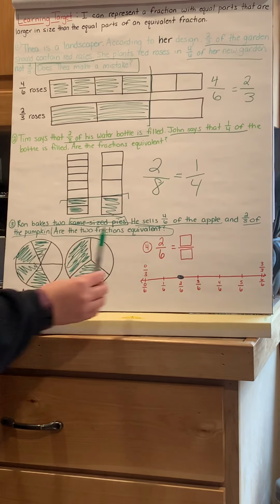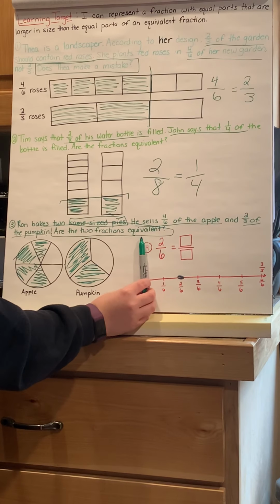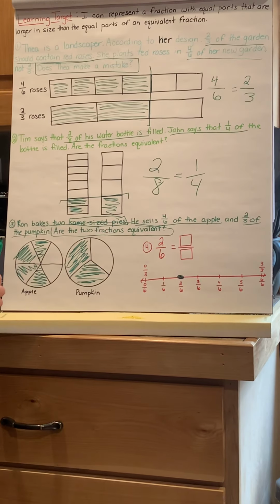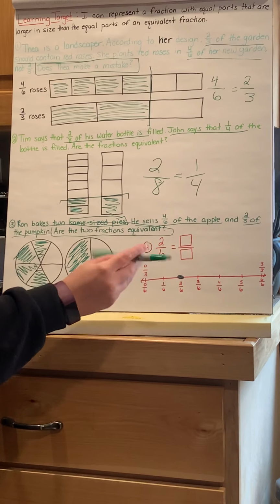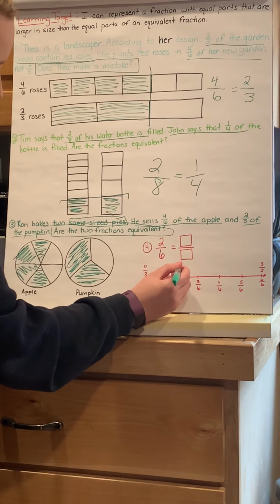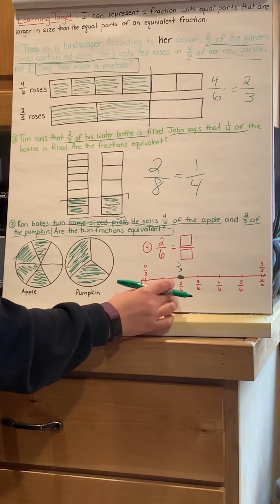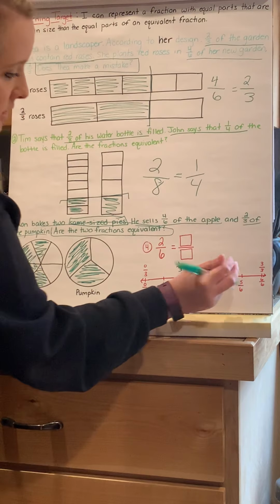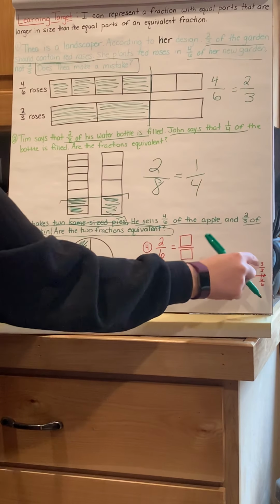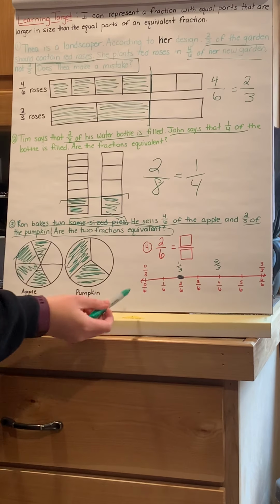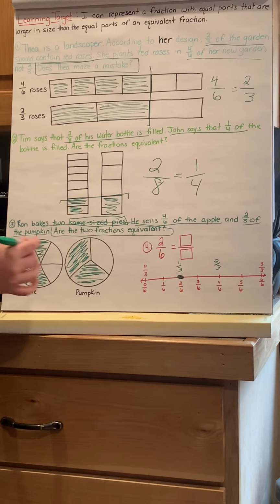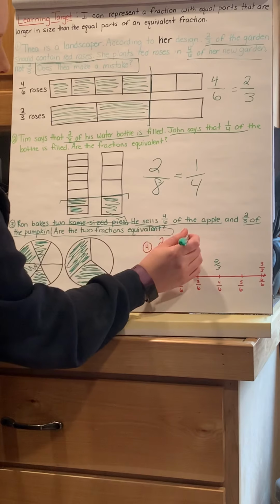So here's 0/3. Then I would need to break it again and make 3 equal parts. So here's 0/3, 1/3, there's 1 equal part, 2/3, there's my 2nd equal part, and then 3/3. So, looking at 2/6, the fraction above the 2/6 would be 1/3.